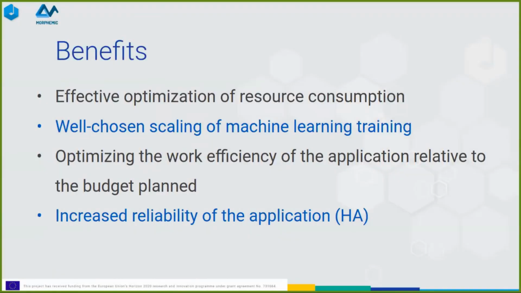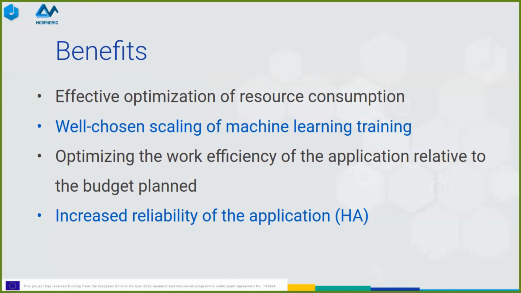The obvious benefits are as follows. The effective optimization of resource consumption, well-chosen scaling of machine learning training, and optimization of the work relative to the planned budget. An additional feature is the increased reliability of the application.